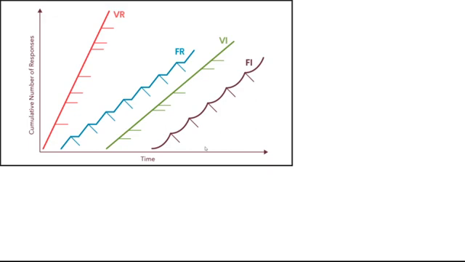So first, we're going to look at the red line. So it's labeled VR. That tells us it is a variable ratio schedule of reinforcement. So variable, meaning that it's not going to happen at a predictable interval or a predictable span. And then ratio, we're talking about number of presses.